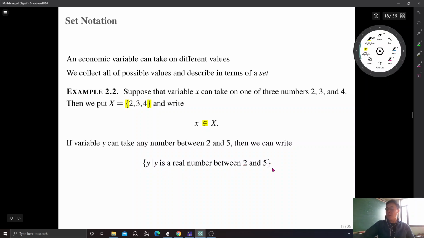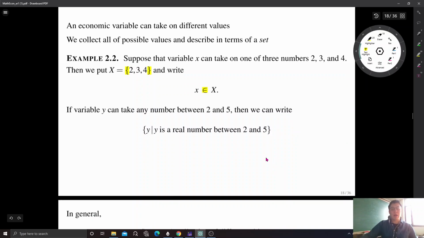Or in a simpler way, we can write y is an element of the interval from 2 to 5. So this notation means it belongs to the interval between 2 and 5.